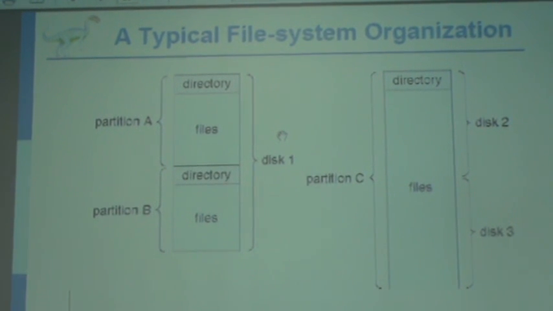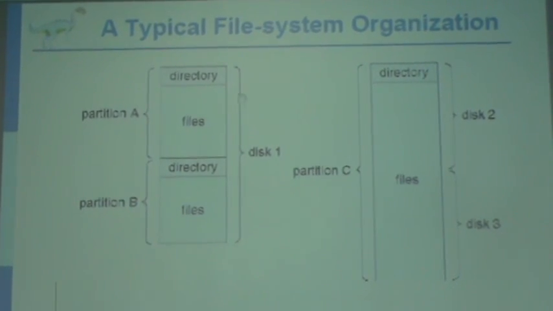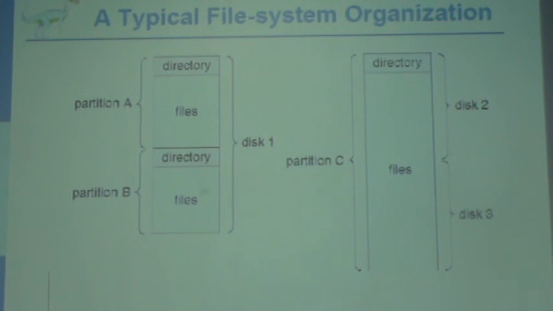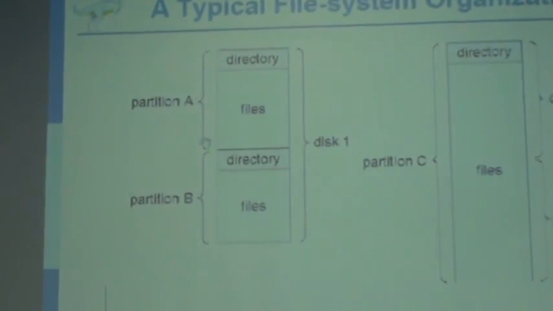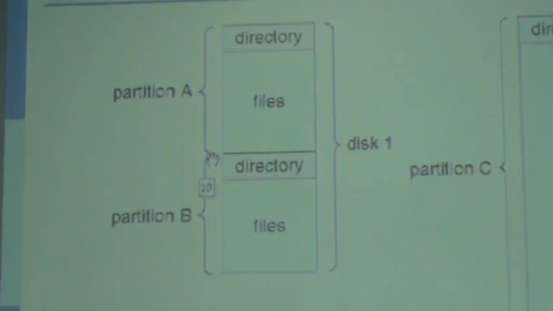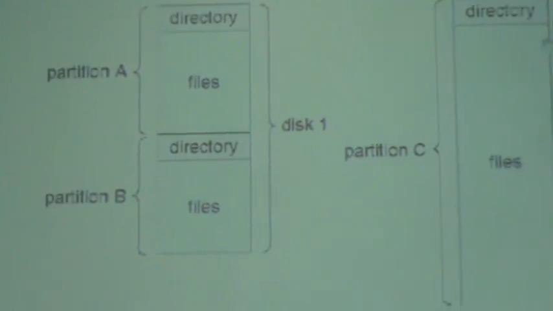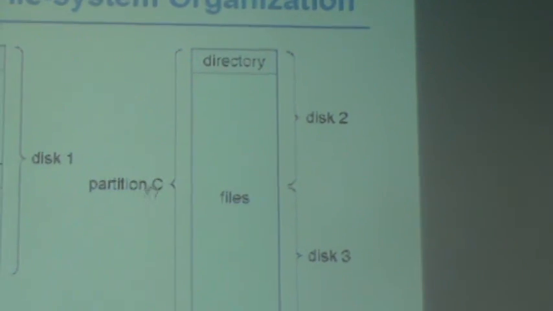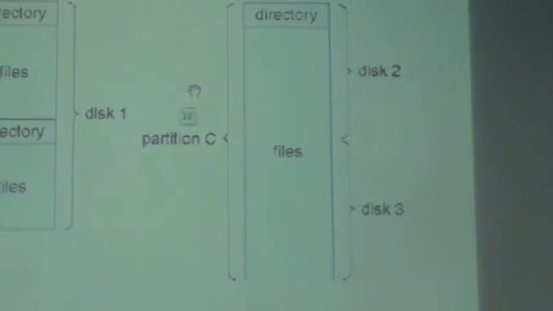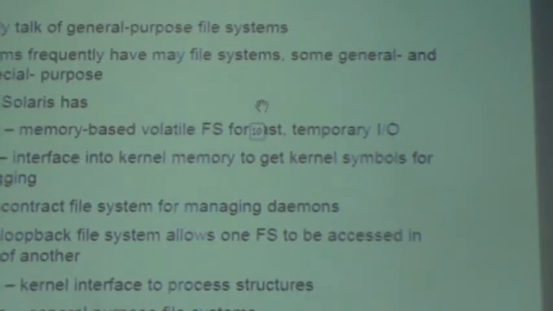This is a typical file system organization. Disk 1 has just two partitions. Here, two disks will be combined into one partition, so it's a different kind of file system.